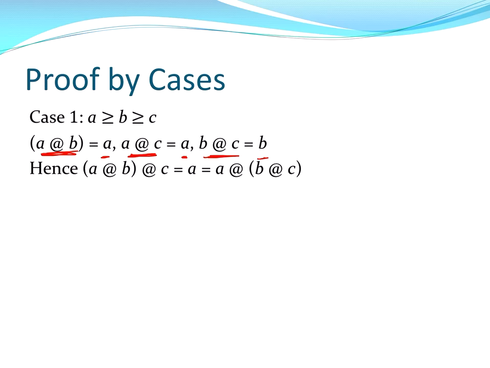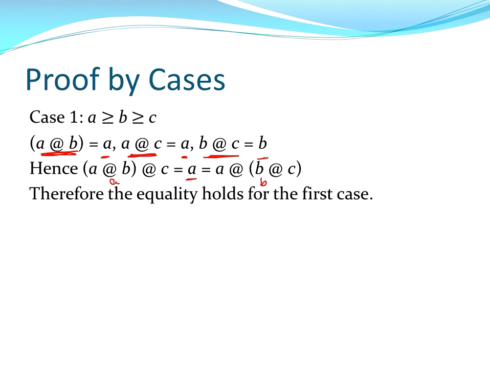So the max of a with b is going to be a, and the max of a with c gives us a. The max of b with c gives us b, but we know that the max of a and b gives us a. So they are equal in case 1.